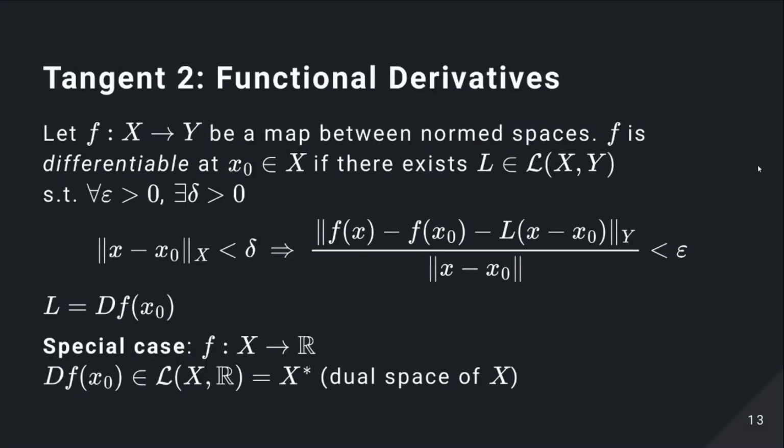So, second tangent. Of course there will be a lot of tangents for an NTK talk. Whenever we have a map F between two normed spaces, so vector spaces with a norm, we say it's differentiable at some point x0 if we can find some linear map L from X to Y such that this awful formula is satisfied.